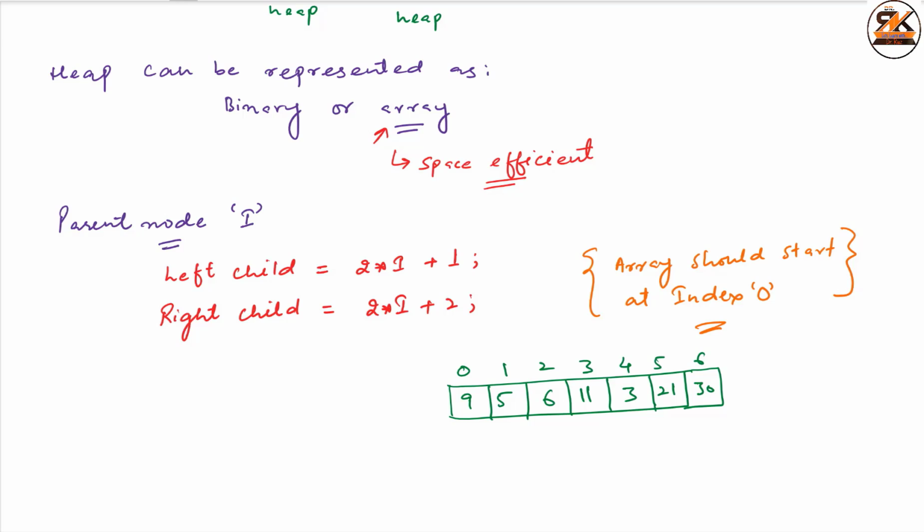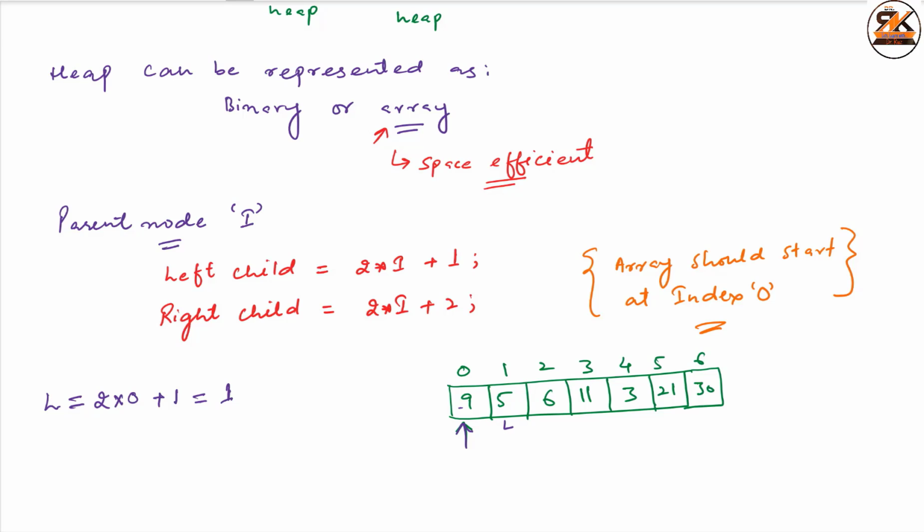Now if we want to find the left and right child of this parent node, we have the formula: left child can be found as 2 into I plus 1, where the index of this parent node is 0, so 0 plus 1, that is index 1.